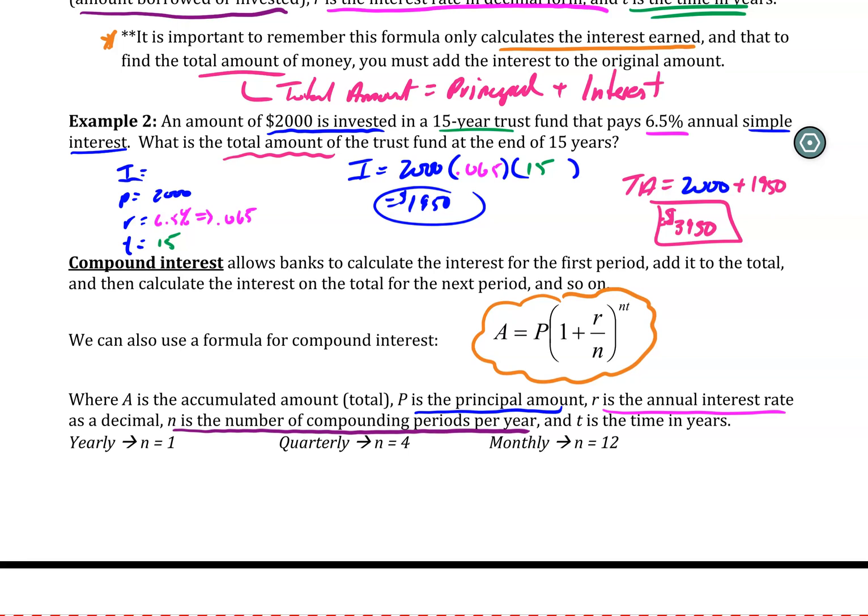You could do a variety of different things, but these are your common ones here. And last but not least, we also have years for T. So really the only added thing here is this N, which is again how often it is being calculated over the course of that year.